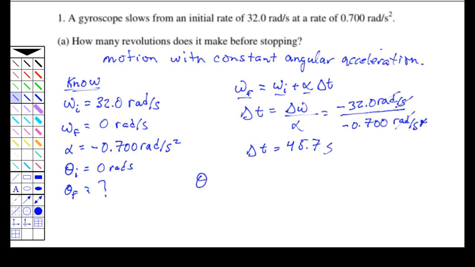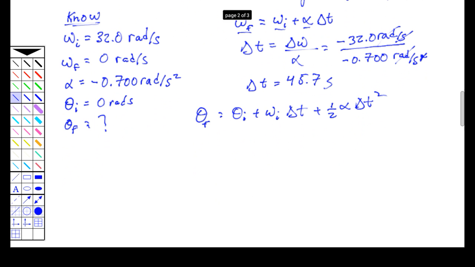Now, how do we find the angle? Well, we can use the following equation. Our final angle is equal to our initial angle plus our initial speed times delta t plus 1/2 times our acceleration times delta t squared. Our initial angle is just 0.